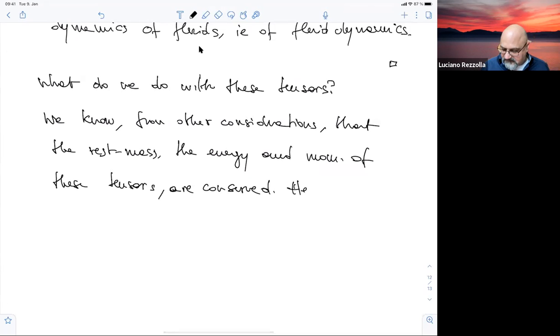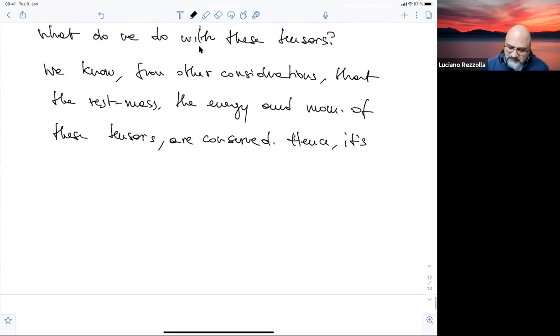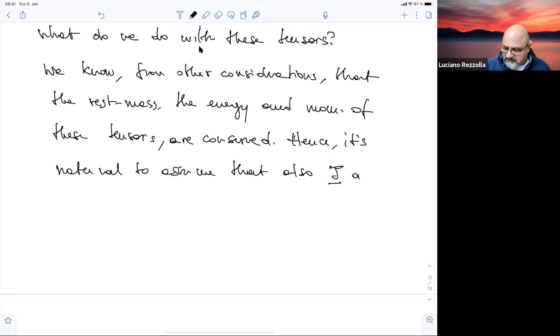And it's natural to assume that also J and T need to satisfy conservation laws.